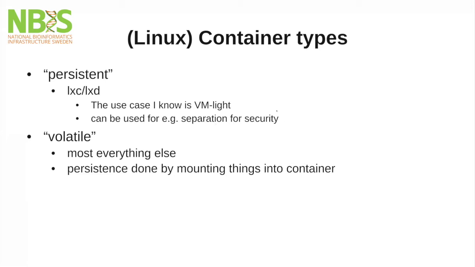And then there's what people are most used to, which I think of as volatile. That means you have a container image that you run, but anything you want to work on or change, you do by mounting things into the container. You don't store that in the container, but mount things into it.